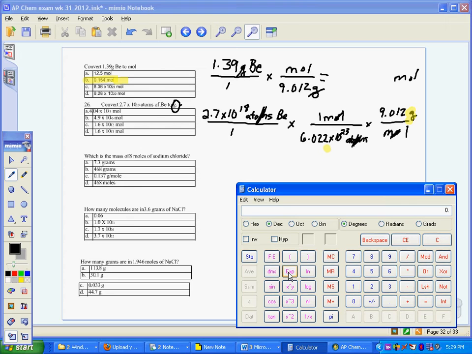A lot of people do something weird, like say times 10 with an exponent caret button to whatever, and you're going to get your problem wrong if you do that. Watch how I push this in.